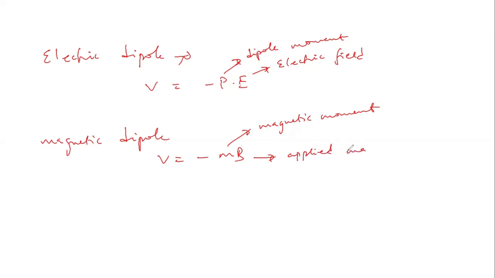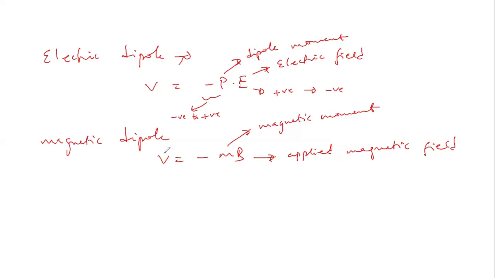Same as what we have for the electric field, but there's a difference here. Recall that the E field moves from positive to negative, while the electric dipole moves from negative to positive.